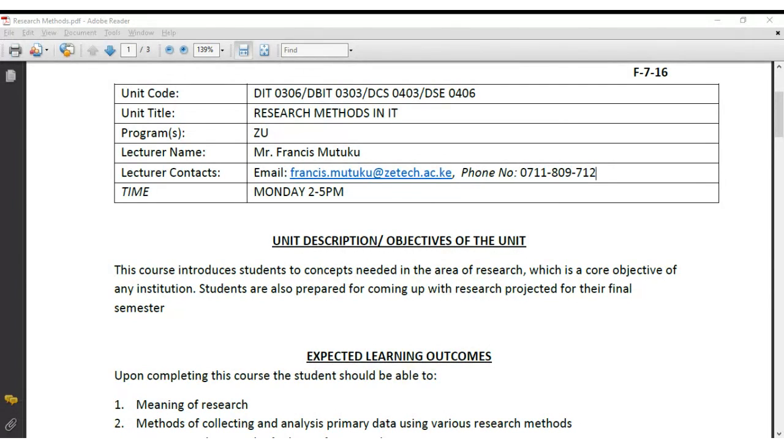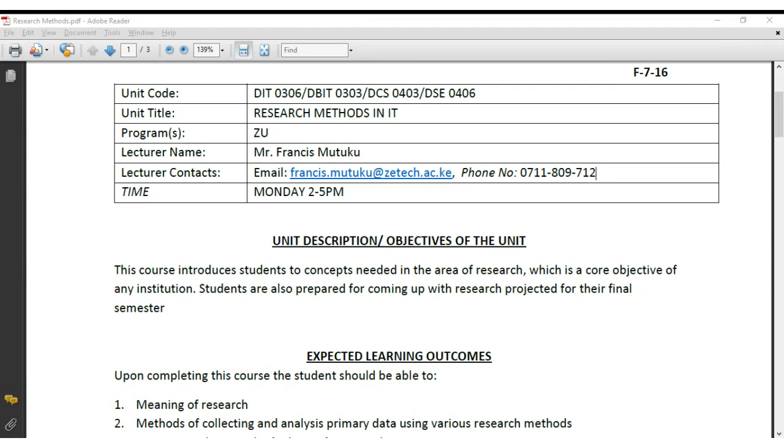So DBIT research, DIT research, DSC research, that way. That one is going to help us when we are interacting. Okay, so that's what we have in the course outline.